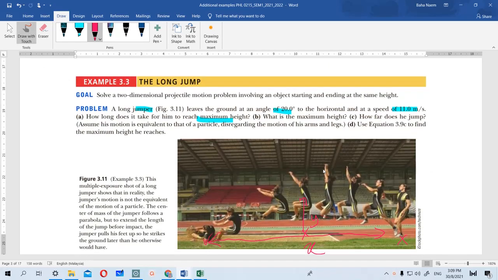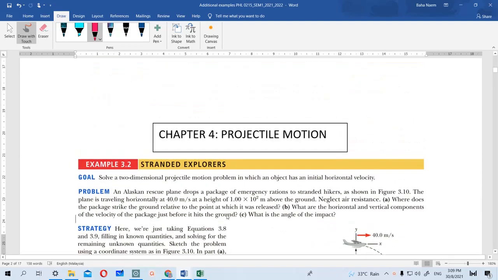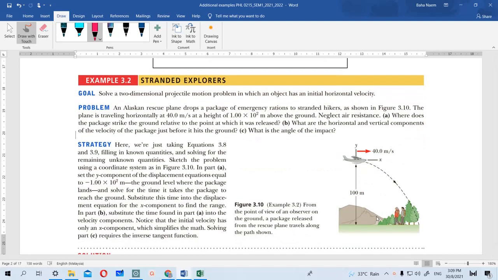Now we are going to look at an example where the object makes use of half of the symmetry. In that case, let's turn to example 3.2, Standard Explorer. Let's straight away look at the figure. Notice that it's half of the symmetry.